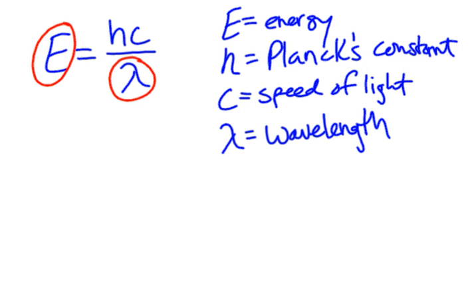So let's go ahead and take a look at the wavelength. The wavelength is going to be given in one of two units in the problem, but whenever you're using this equation, it needs to be in meters. Unfortunately, in the problems that I'm giving you, the wavelength is going to be in nanometers.